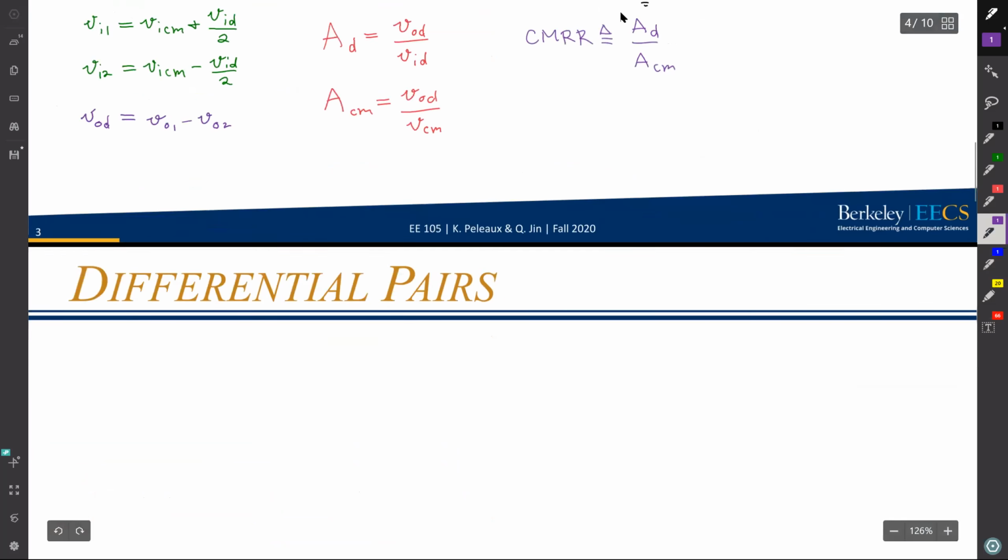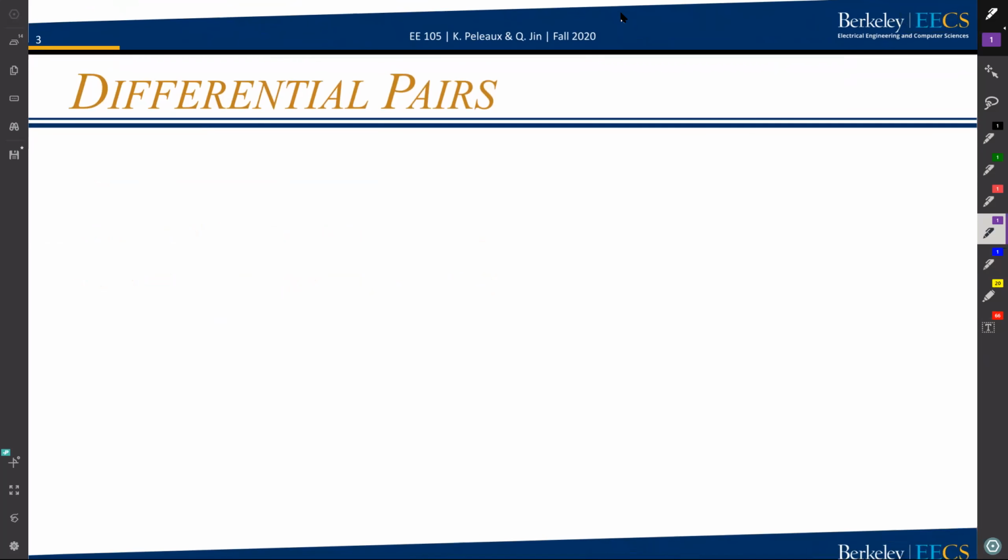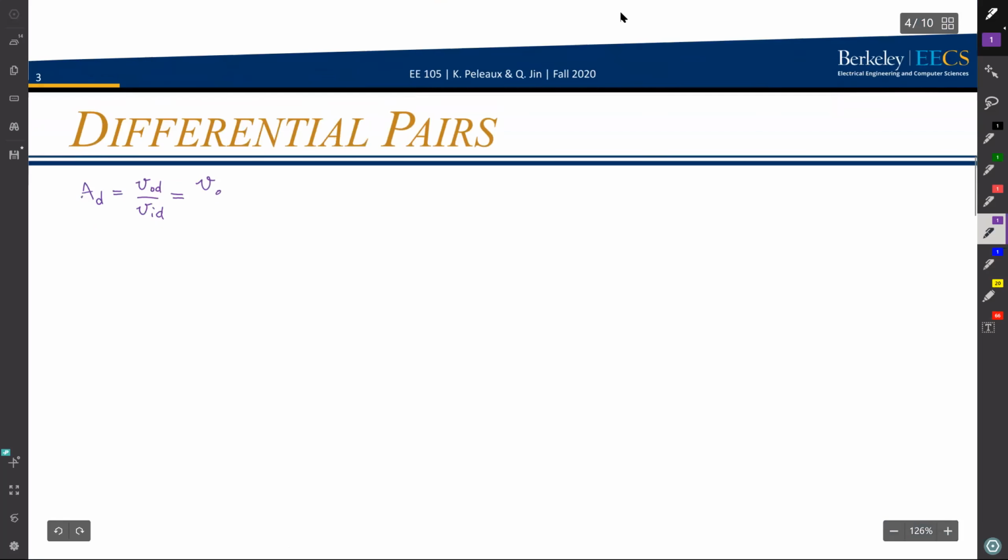And so to analyze the circuit, we should first look at, say, the differential gain. So again, differential gain is the differential output voltage divided by the differential input voltage, which, using the notation on the circuit schematic I drew, is VO1 minus VO2 divided by VI1 minus VI2. And to do this, we'll use superposition.